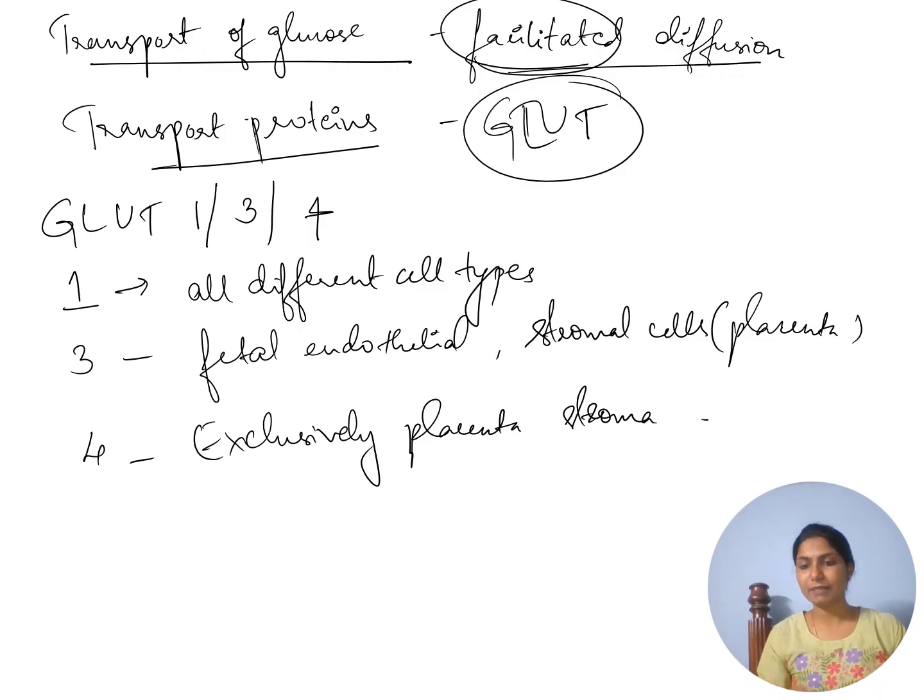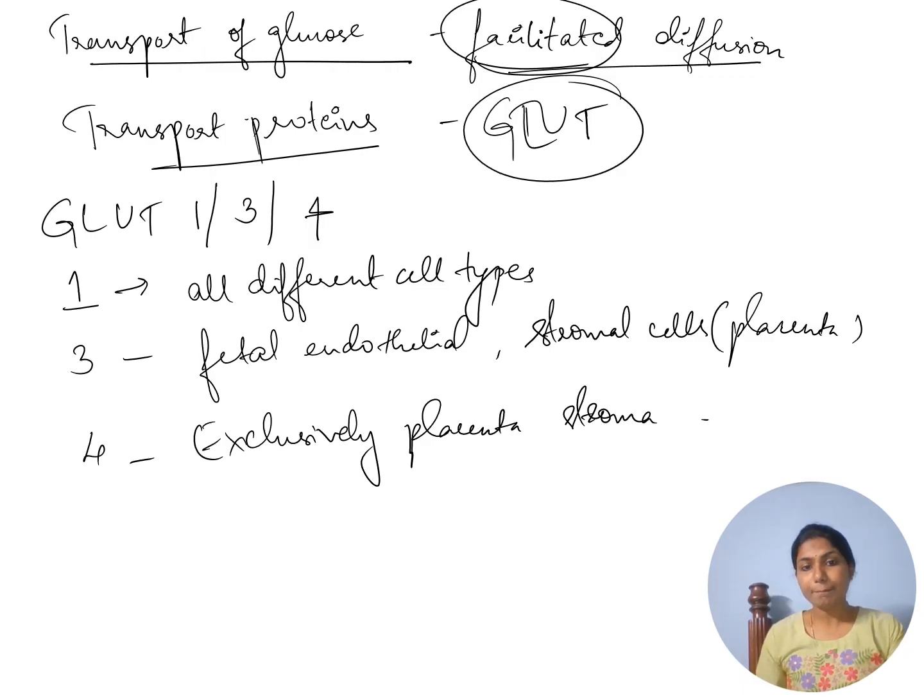If there were some mechanism like that, it would be regulated. But unluckily, we don't have such regulation in the placenta or in the mother. So however much surplus glucose there is in the mother, it is continuously transferred to the baby, and this has to be available for fetal growth and development.